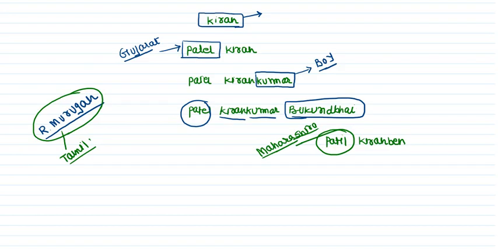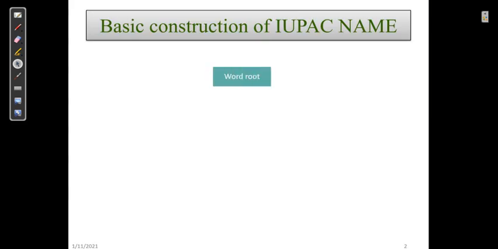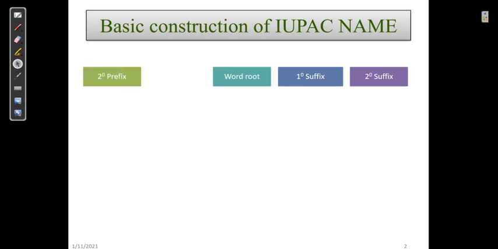In a similar way, we also have the IUPAC name, and it has a tradition like this. So let us see. The basic construction of an IUPAC name is: first, the word root; second, the primary suffix; then the secondary suffix. After these three, the secondary prefix and the primary prefix.